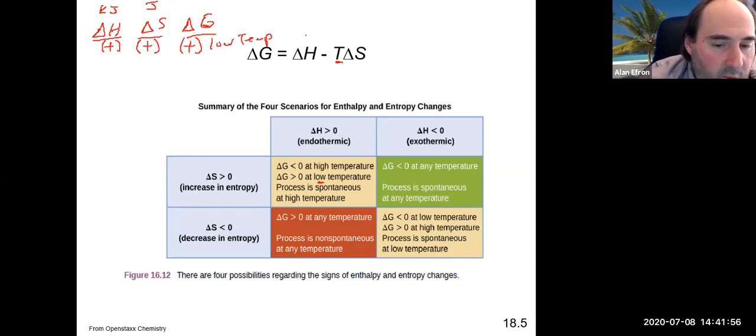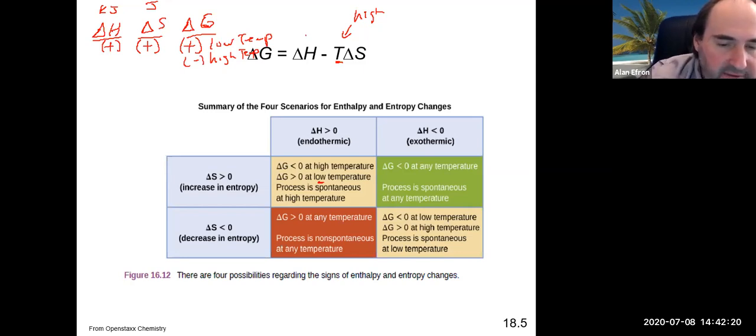It would become a negative number if we could get a sufficiently high temperature to make the back part larger than the front part. At high temperatures, delta G would become negative and spontaneous.